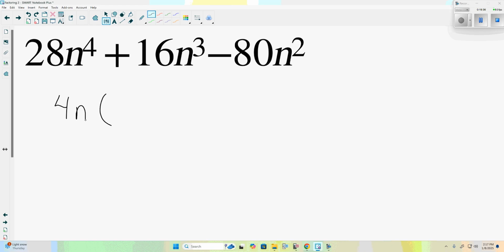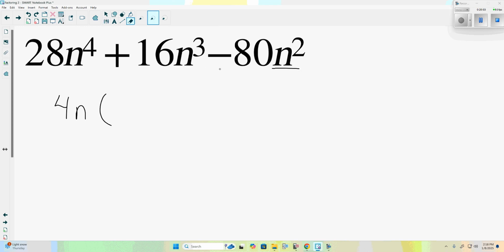How many n's are in common with these three terms? Because how many does the first one have? 4. The second one has 3, and the last one has 2. So how many do they all have in common? 2, because it's really the amount that we can pull out. How many can we remove from each one?